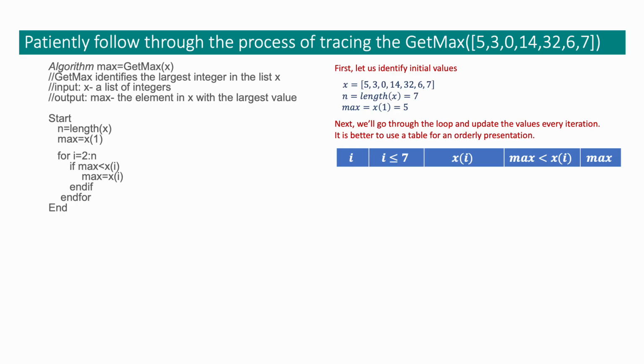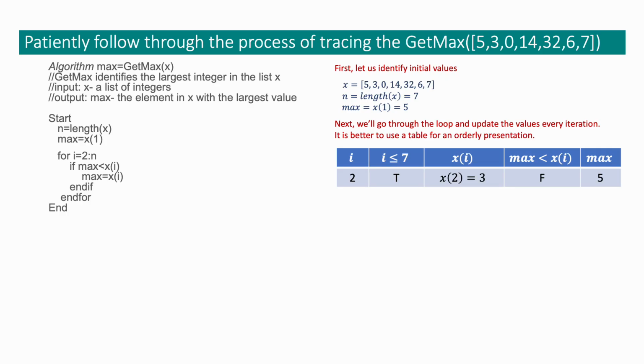We will constantly check if I is less than or equal to 7, since we only enter the loop when this is true. I starts with 2, which is less than the length of the list, so we will enter the loop.